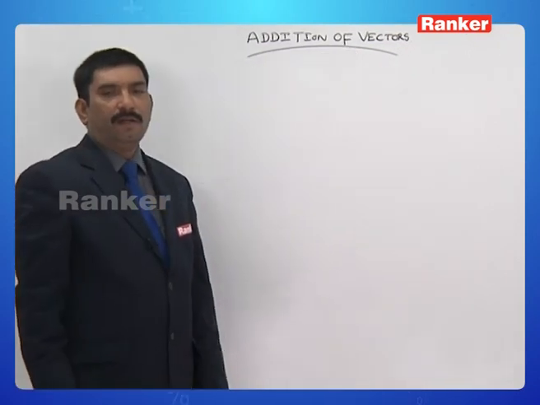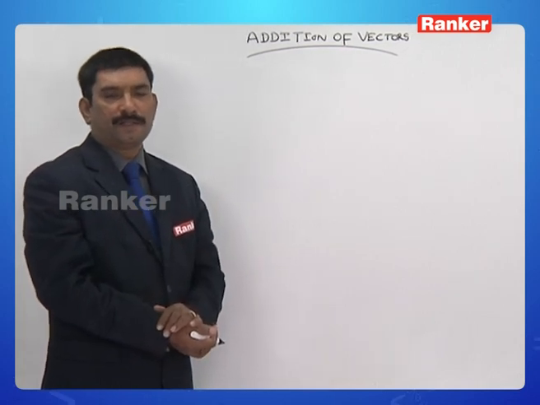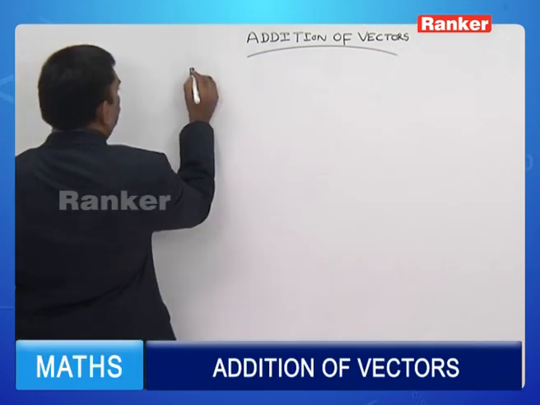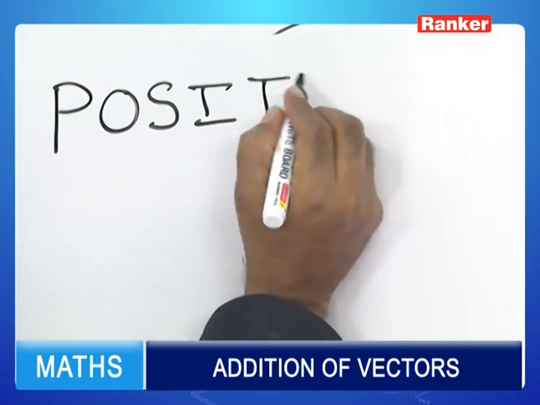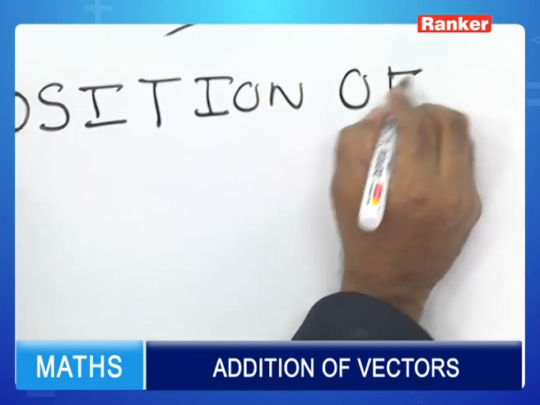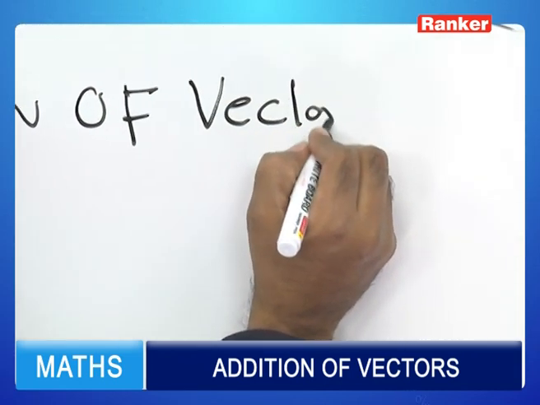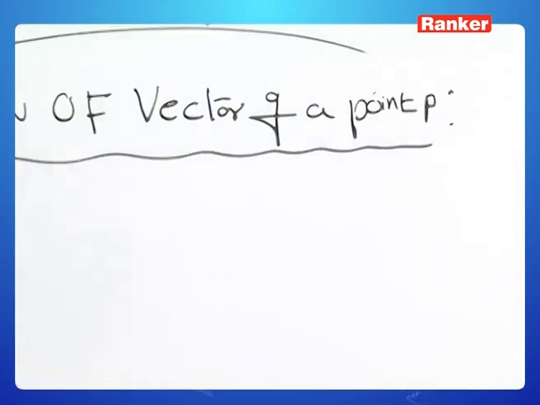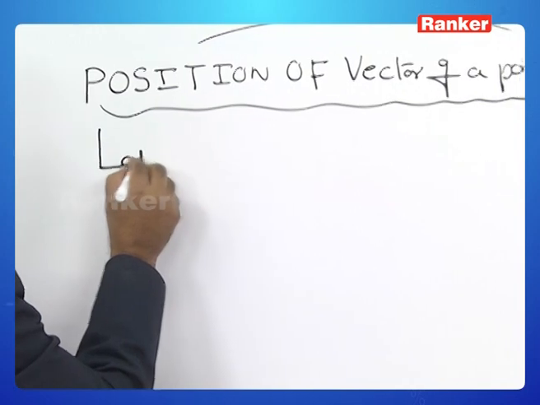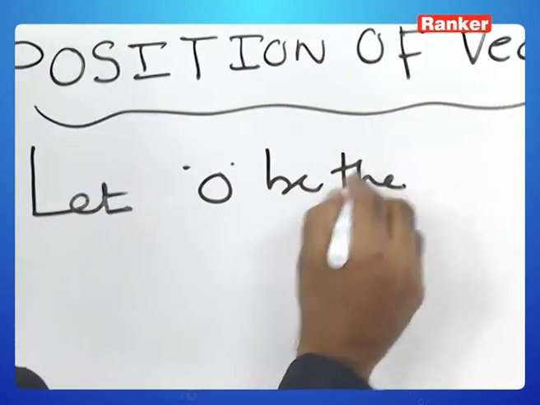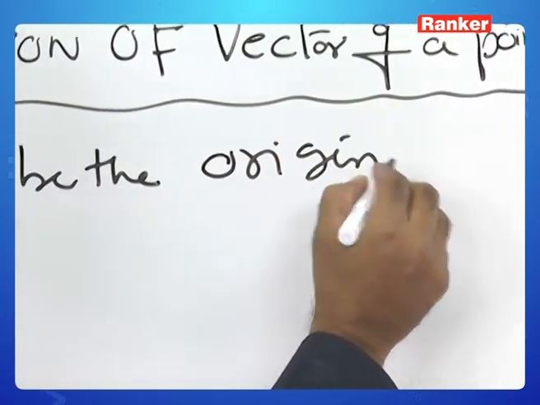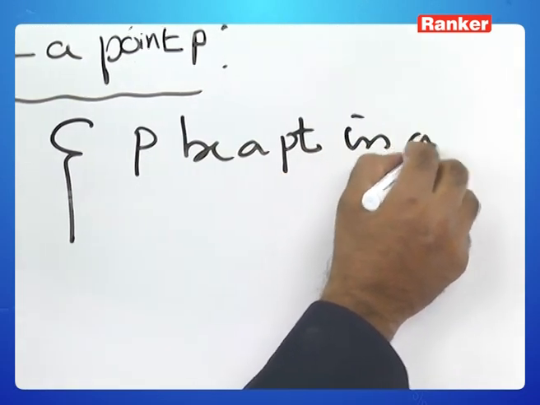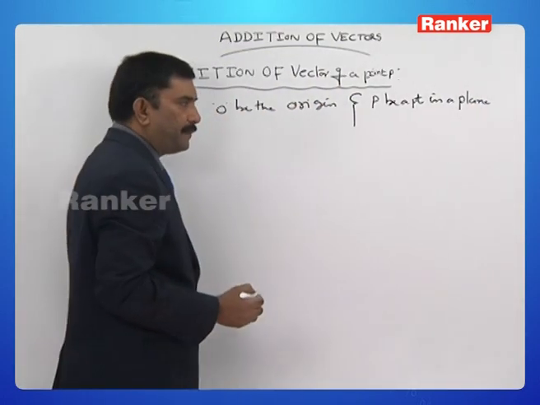Okay, right. After knowing the definition of collinear vectors and parallel vectors, now let us understand the position vector of a point P. Let O be the origin, and P be a point in a plane or in space.